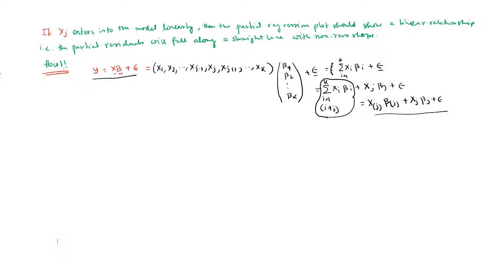Now we know E equals I minus H. H is the hat matrix, which we already defined in our previous class.